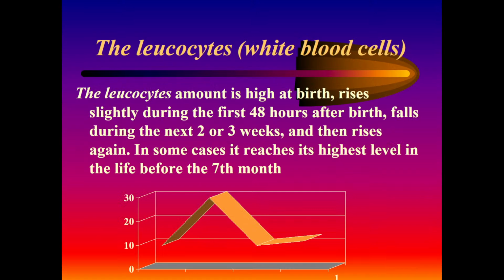The leukocyte amount is high at birth, rises slightly during the first 48 hours after birth, falls during the next 2 or 3 weeks, and then rises again. In some cases, it reaches its highest level in life before the 7th month.